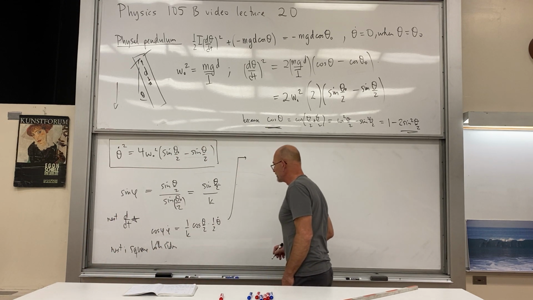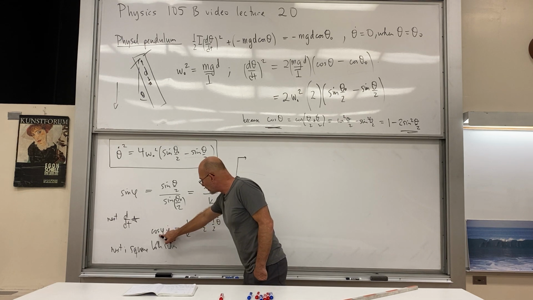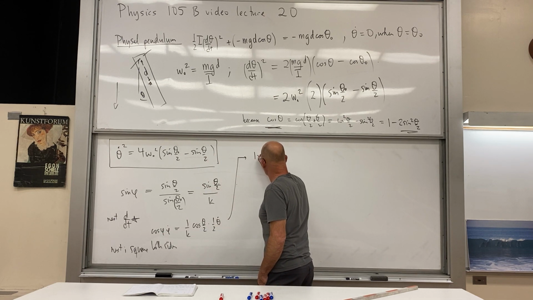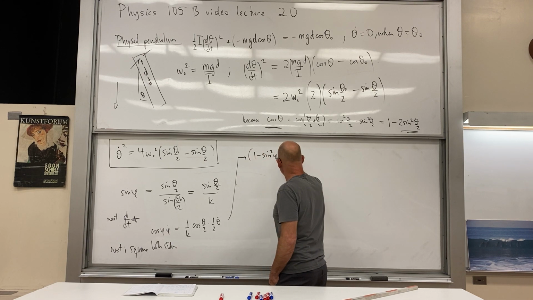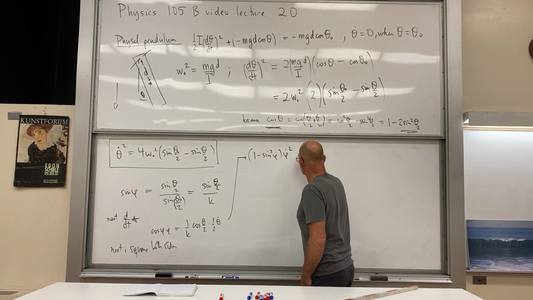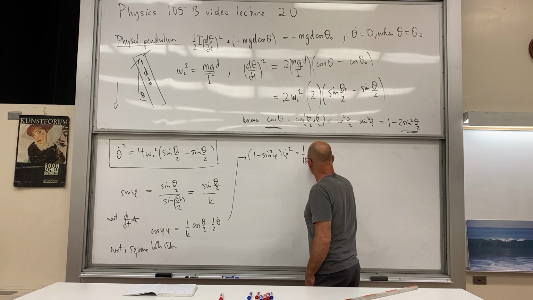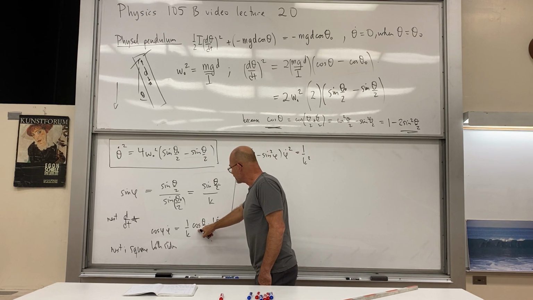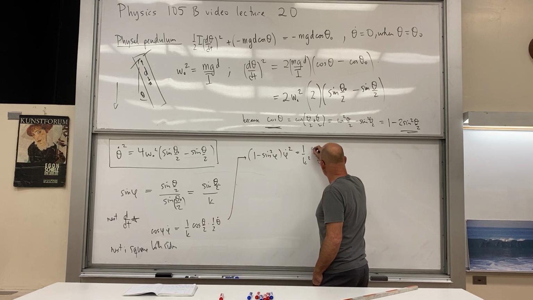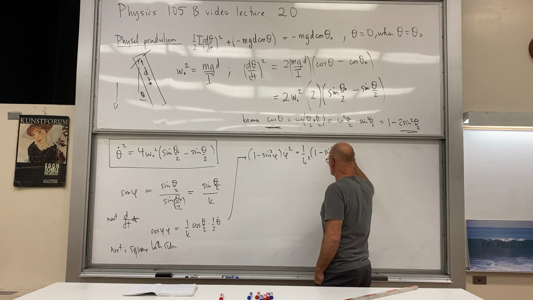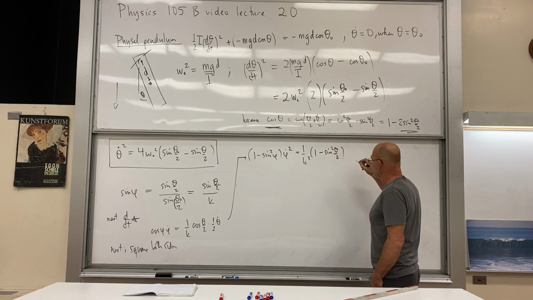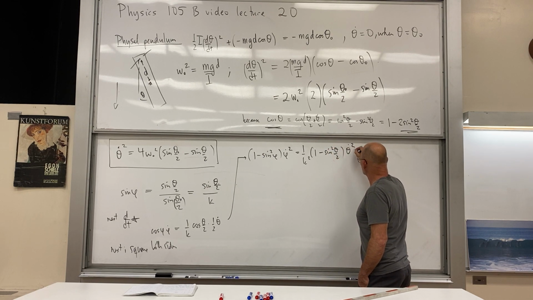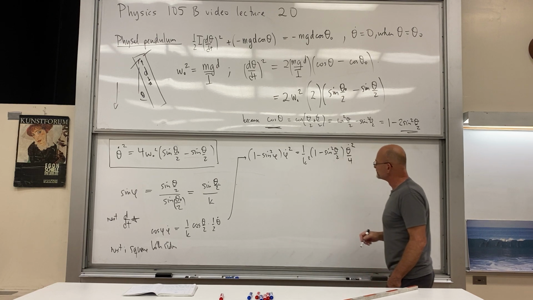Next, square both sides. And so we'll have a cosine squared phi, and we're going to call that 1 minus sine squared of phi. We'll have a phi dot squared. We'll have a 1 over k squared, 1 minus sine squared theta over 2, same move there, and then theta dot squared divided by 4.